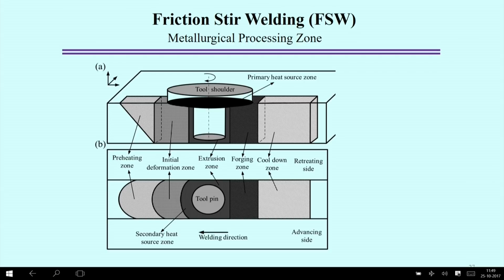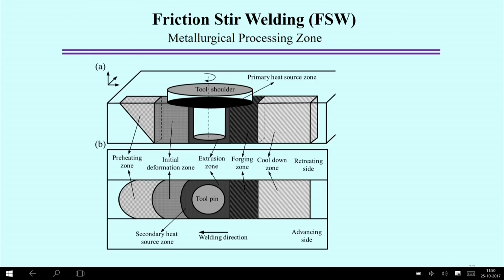That extrusion mechanism prevails during the welding process around the tool, and behind the tool is the forging zone, and finally the remaining part is the cool down zone. When you try to define the different zones, we need to clearly define the direction of the tool rotation as well as the direction of the welding.